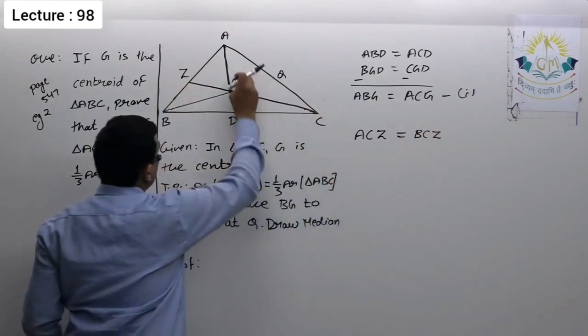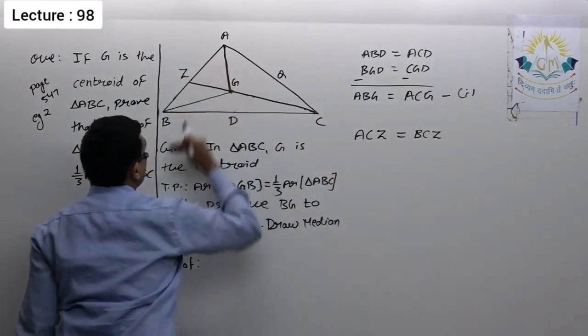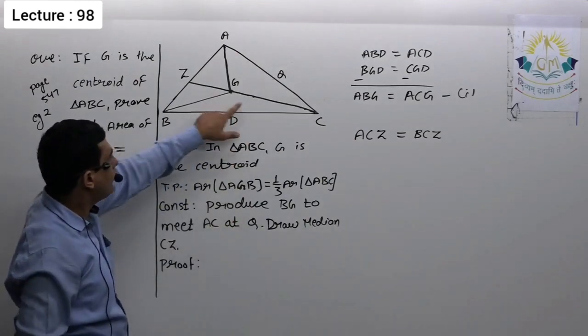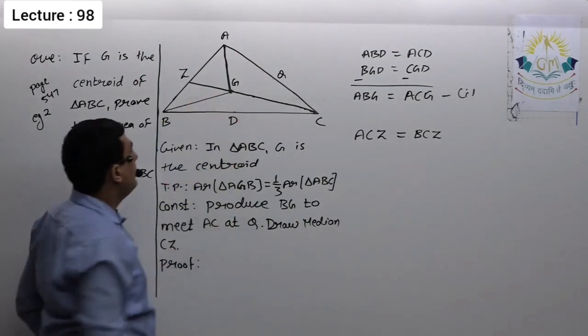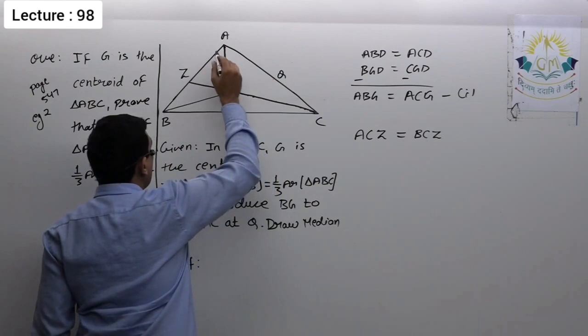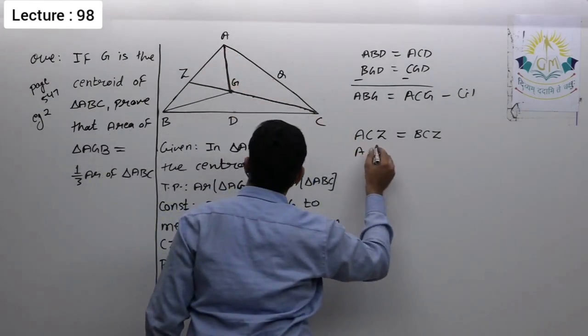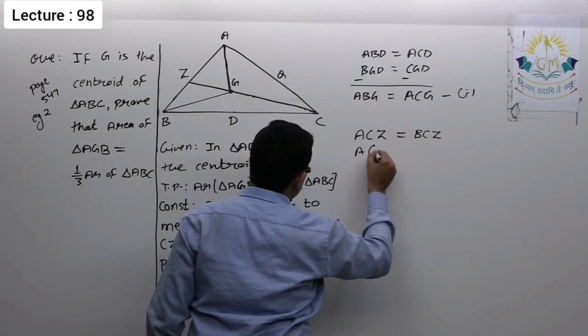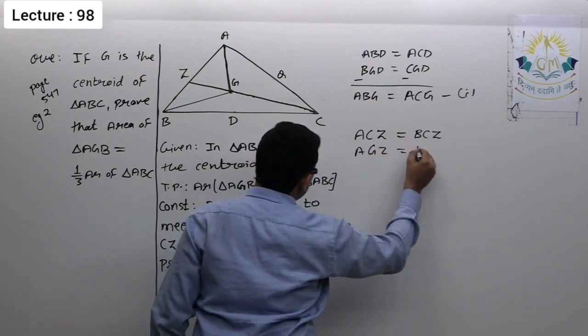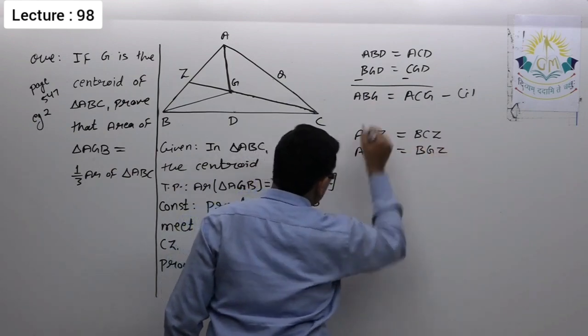Area of triangle ACZ, this upper triangle will be equal to this area of lower triangle because CZ is a median. Now GZ is also a median, so I can say area of triangle AGZ is equal to BGZ with the same method.